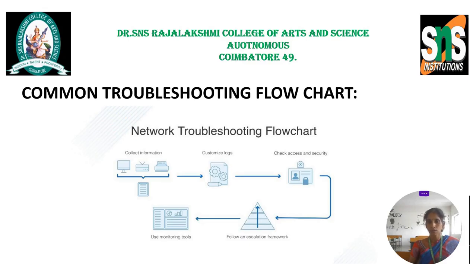After that, follow an essential framework, and after implementing the framework, we have to keep monitoring whether the performance improves or not. So this flow chart helps to identify and rectify a network problem with the help of various tools and techniques.